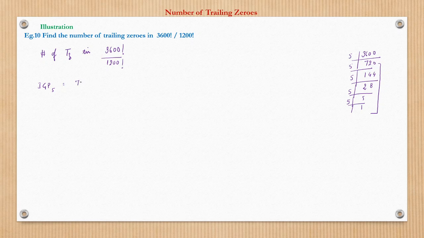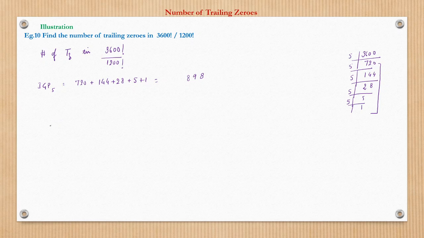This is nothing but 720 plus 140 plus 28 plus 5 plus 1. So the summation is 5 plus 1 is 6, 34, 34 plus 144 is 178, 178 plus 720, so it becomes 898, right? This is the number of powers of 5 in this.